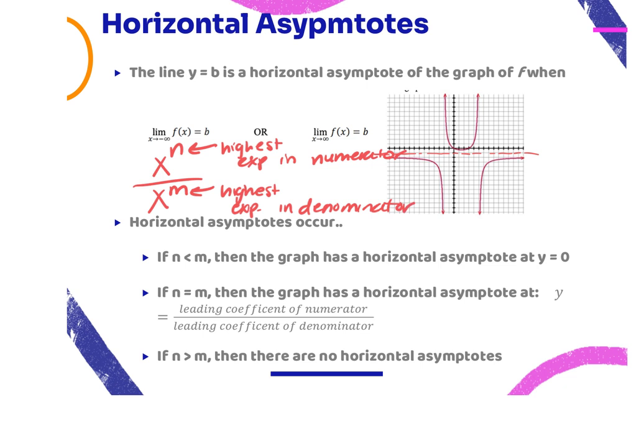And there are 3 scenarios. The first is if n is less than m. If n is less than m, then there's a horizontal asymptote at y equals 0, which means both end behaviors would be 0.